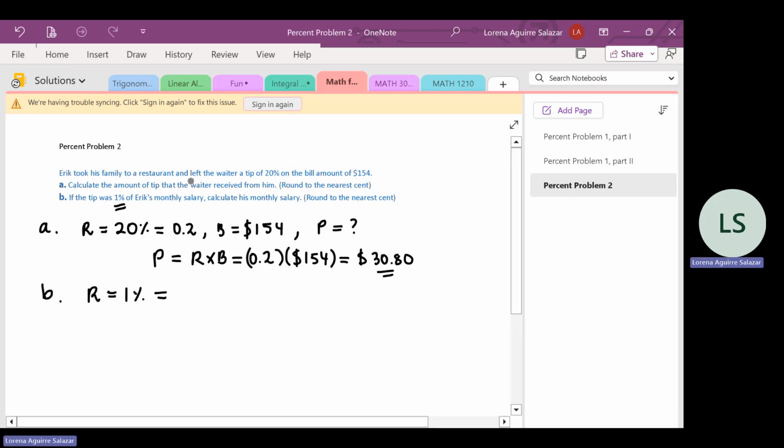In other words, 0.01. Now, what comes after the word of is the whole, the base. So the base is unknown. This is Eric's monthly salary.